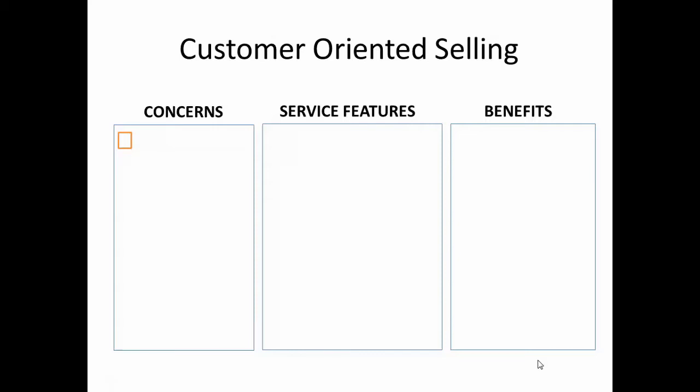In summary, let's take a look at what just happened. Drew stated his concern: quality of staff. I then wrote down his concern on the COS chart. I utilized the stall technique of asking him to elaborate in order for me to have time to write out the service feature and the benefits that address his specific concern.